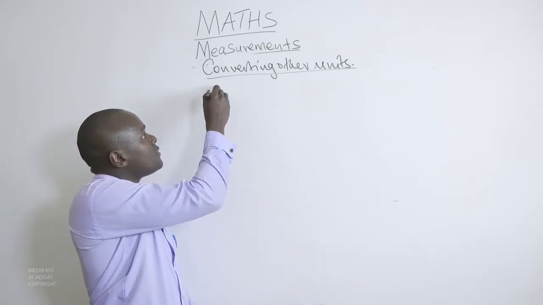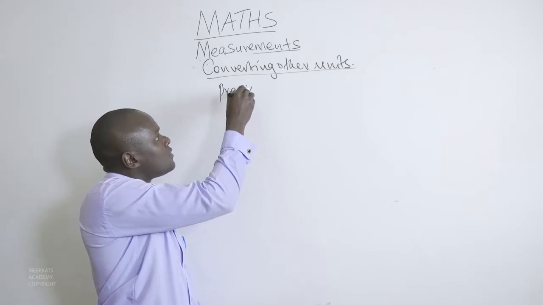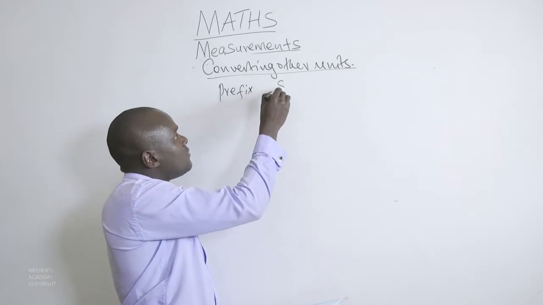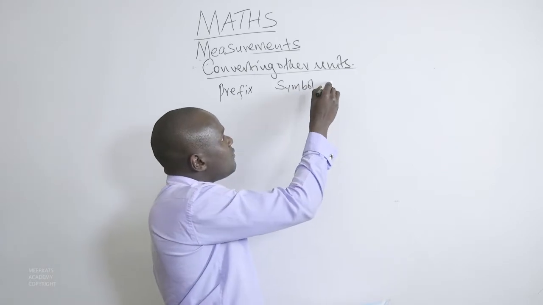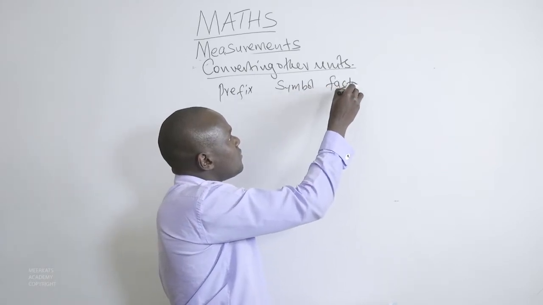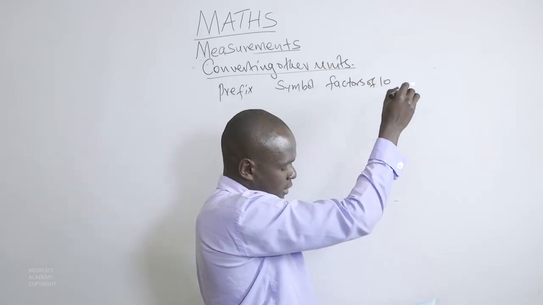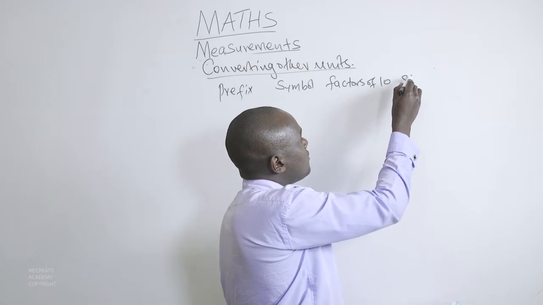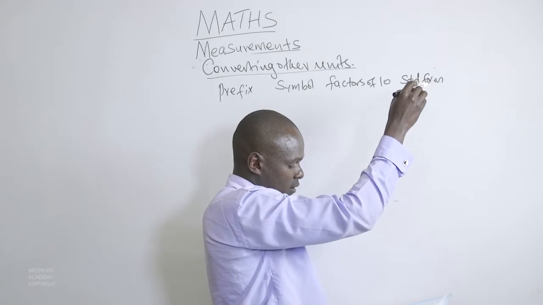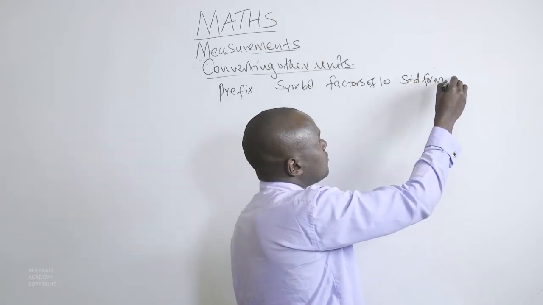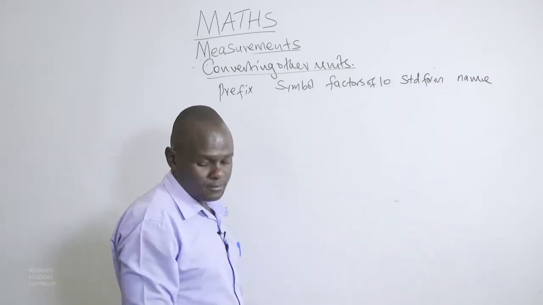So we can have a table where we have the prefixes, we have the symbols, we have the factors of 10, and we can have the standard form of the same. And lastly, we can have the names or the actual names.